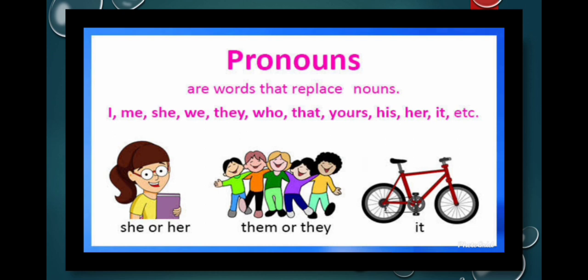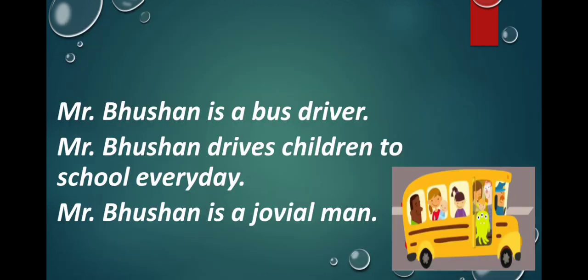So in simple words we can say that pronouns are words which are used in place of nouns to avoid repetition. I, me, she, we, they, who, that, yours, his, her, it, etc. are pronouns.